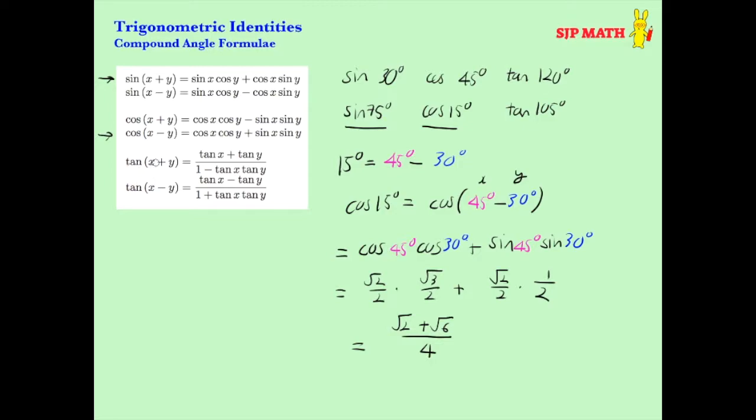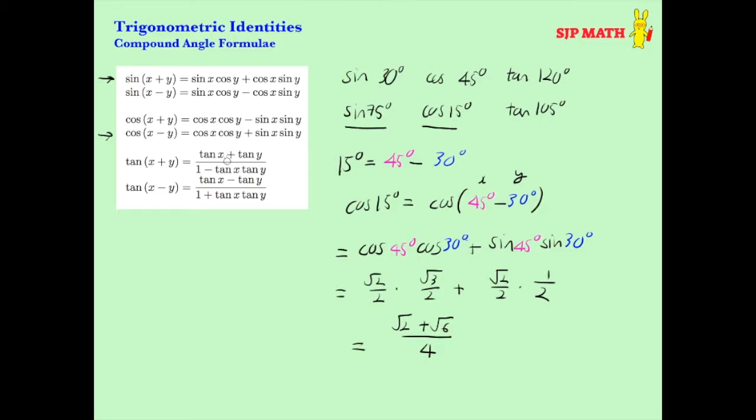So here, for example, we didn't really practice with these equations yet, but we can see that if we want to find the tangent of a certain angle, and we see that that angle can be expressed as the sum or difference of two angles in the unit circle, we can use the tangent values of those two angles. The tangent of the angle we're dealing with can be found using the tangent values of those two angles.